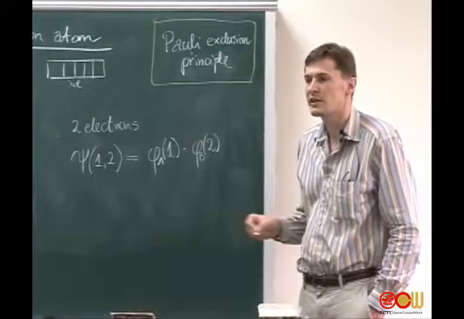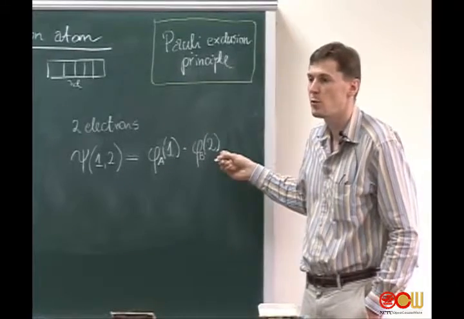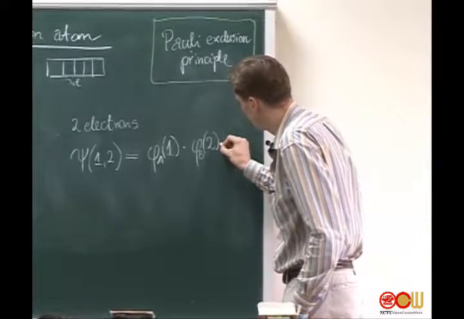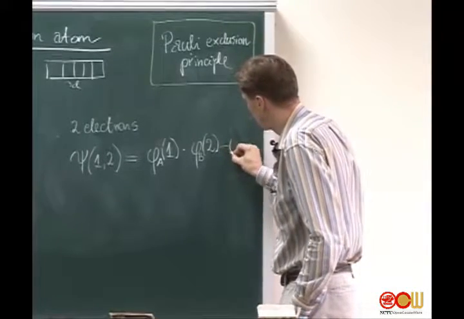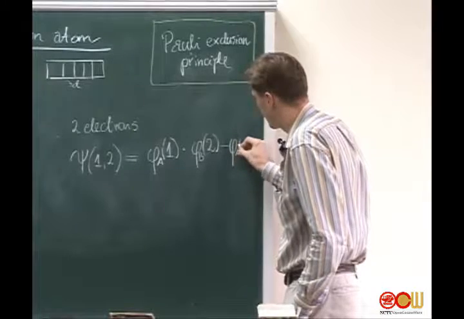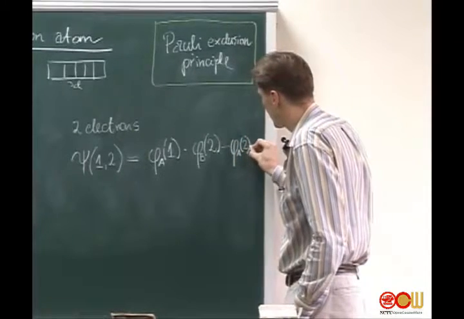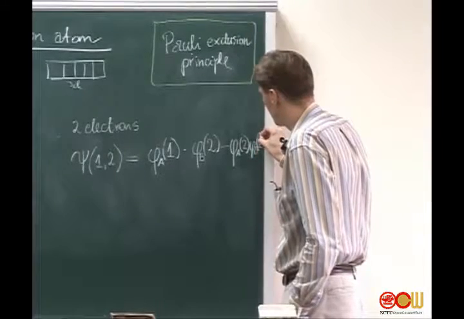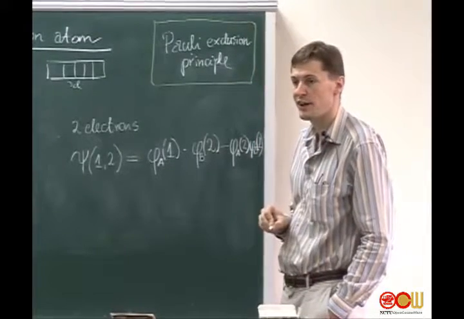Now I tell you in secret that this is not the real way the wave function looks. The real wave function looks a bit more complicated. It has a minus sign here, and then it has A describing the second electron now, and B describing the first electron. Now it's correct.